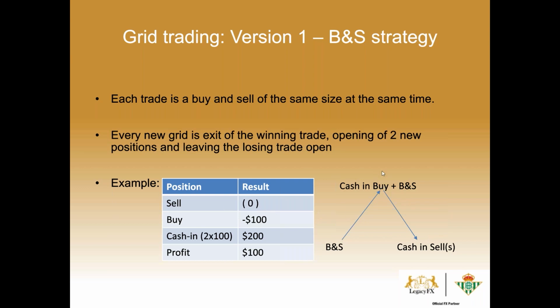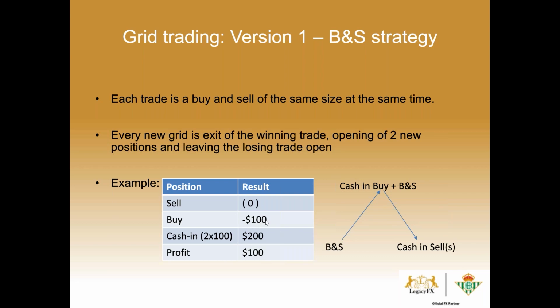I still have the second buy open that I opened here, so that one's negative, but I cashed in twice along the way. 1 buy and 1 sell cashed in. This sell closed at 0, this sell closed at plus 100, this buy at 100, and this buy is now minus 100. So all my equity is 100.